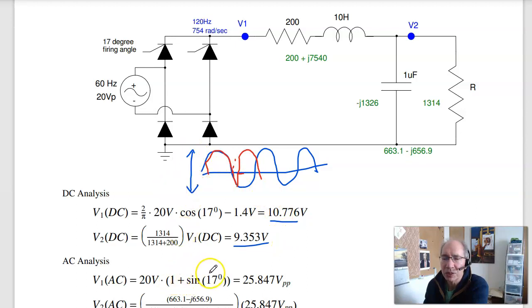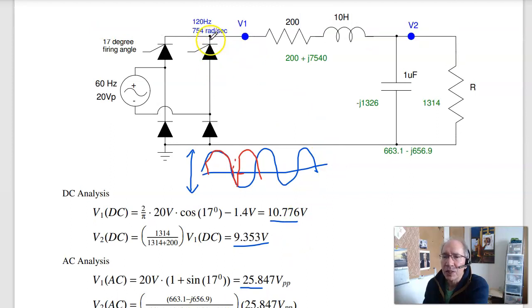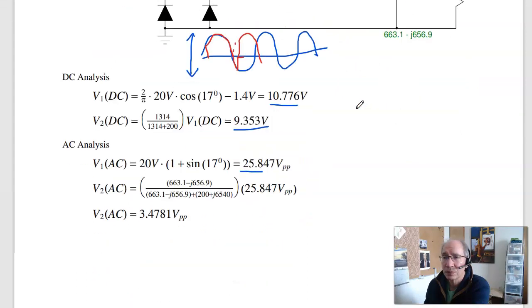That's 1 plus sine of 17 degrees times 20 volts. That's about 25.8 volts peak-to-peak. Same trick. This is 754 radians per second. Find the impedance of the capacitor. Put these in parallel. Do voltage division. And you get 3.478 volts.